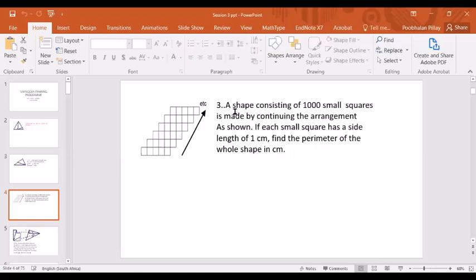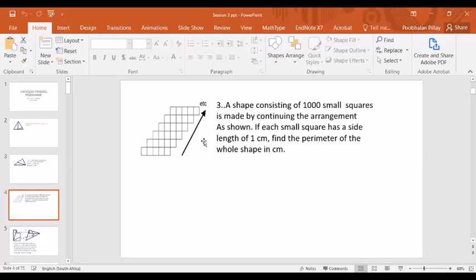Let's read this first. A shape consisting of 1,000 small squares. You can see a lot of small squares here, but obviously you don't have 1,000. I've got an arrow here which is saying this is going on and on. So you have just 6 rows shown here, and it's got 1,000 squares altogether.